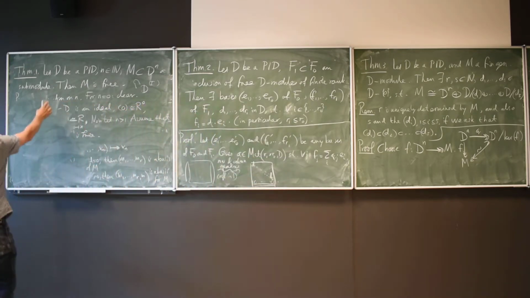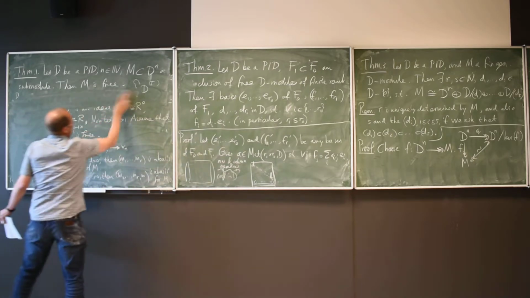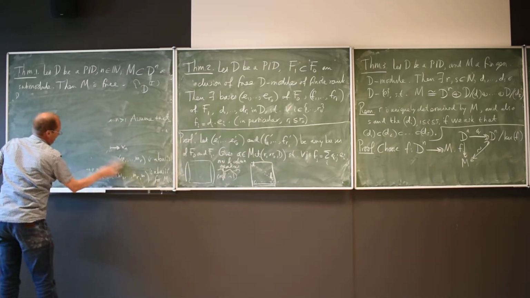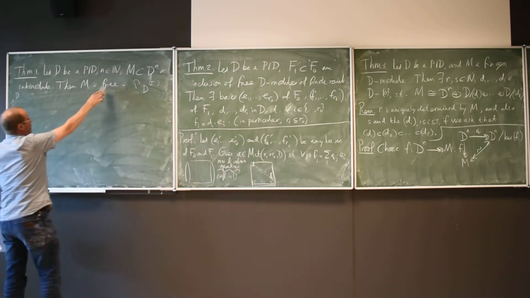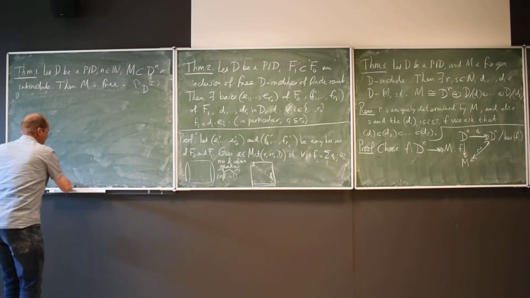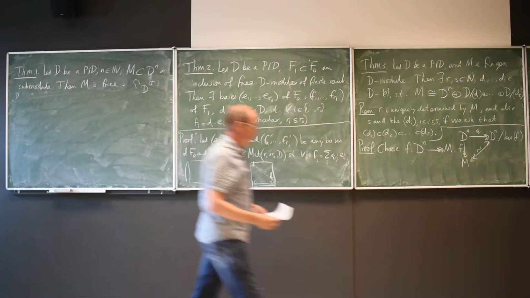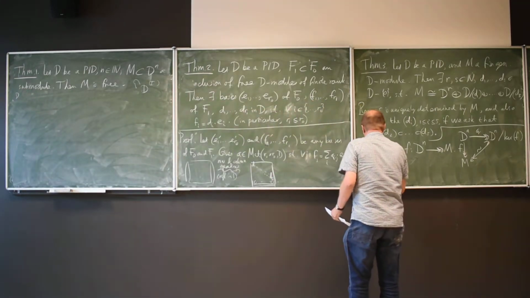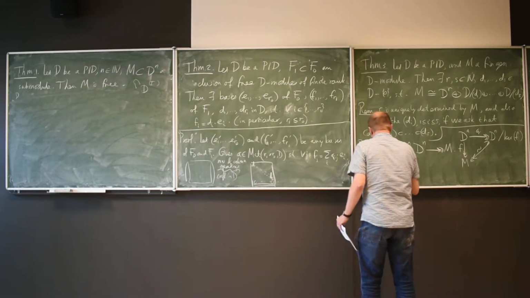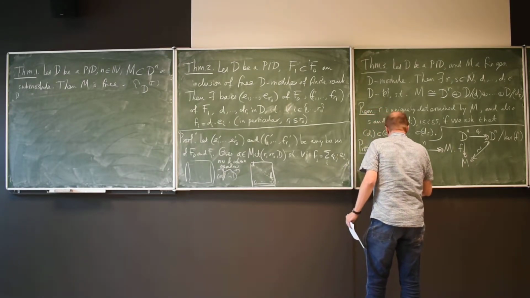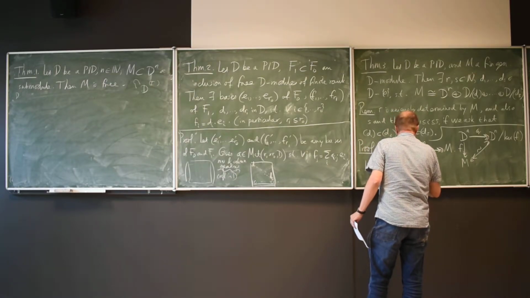That is what theorem 1 says. Right? Theorem 1 says that the kernel of F inside D to the n is free.